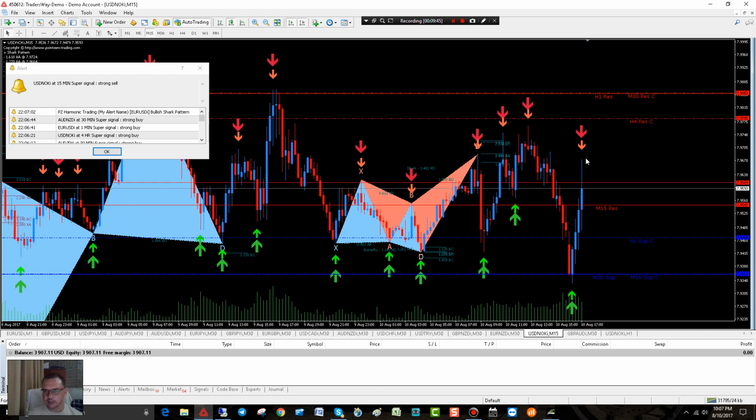It's not a guarantee, but in the next 15 minutes you might form another candle here, and this arrow will jump to the next candle. So it might go up some more and then form a new super signal. But right now it's just sitting right there, fighting downwards.